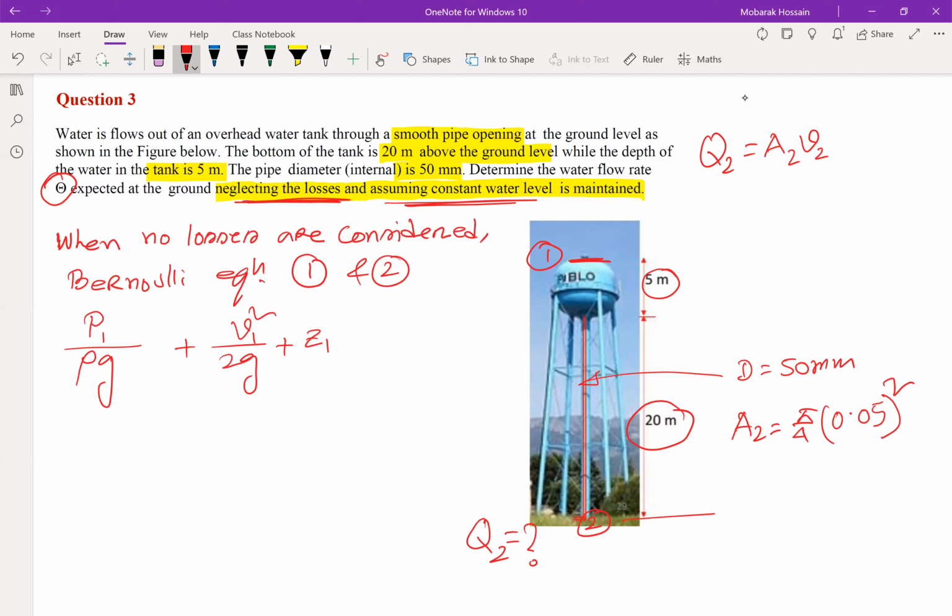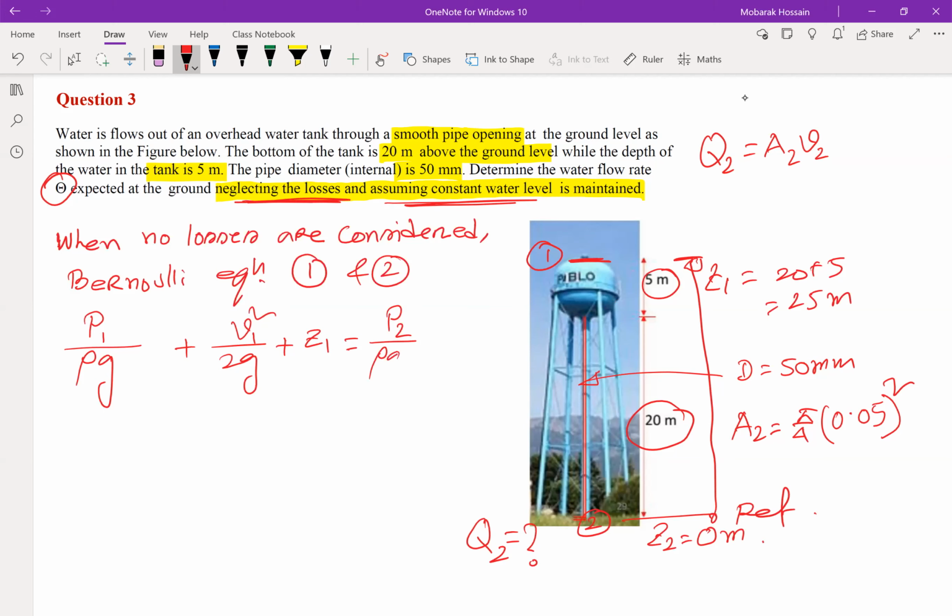If we select this one as our reference point, z1 will be from here to this point, basically 20 plus 5, so 25 meters, and z2 will be at the ground level, so it will be 0 meters, because we select this point as a reference. This equals the total energy at point 2: pressure at 2 divided by rho g, plus velocity at 2 squared divided by 2g, plus z2. So this is the Bernoulli equation.